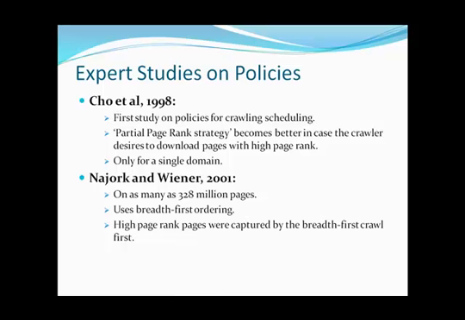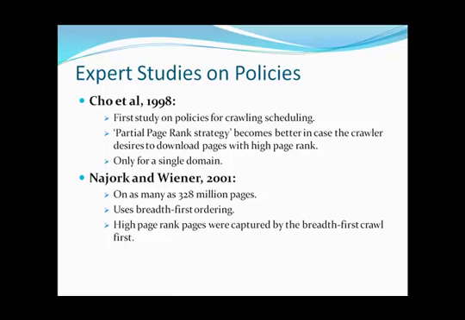However, these results are for just a single domain. In 2001, Najork and Wiener performed an actual crawl on as many as 328 million pages with the help of breadth-first ordering.